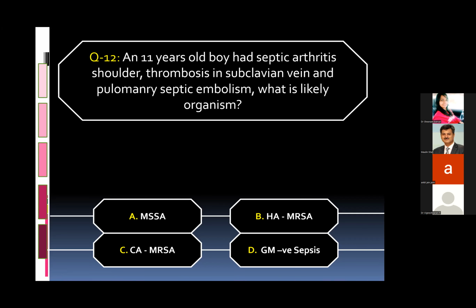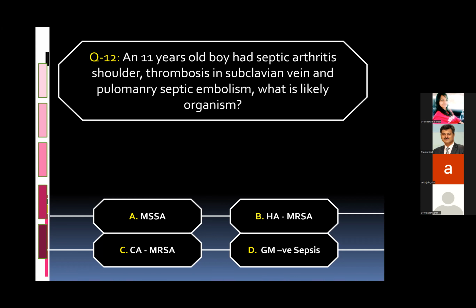So community acquired MRSA, and here you have to start not only vancomycin, we also give linezolid and clindamycin, because linezolid is bacteriostatic, but it has action on the toxin liberation. And clindamycin also reduces the toxin levels. So once it is diagnosed as community acquired MRSA, one has to give vancomycin as well as either clinda or linezolid.